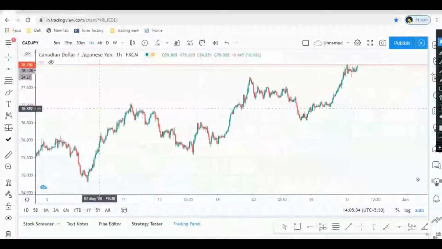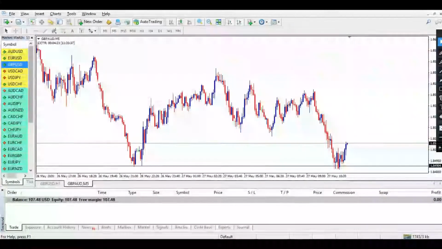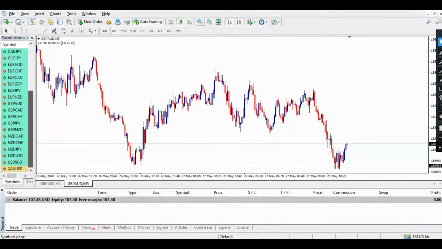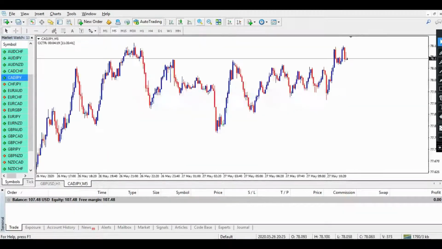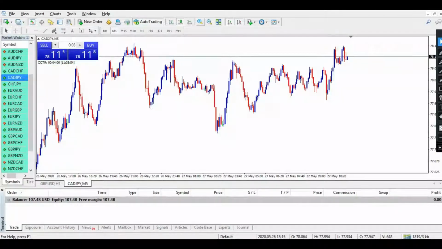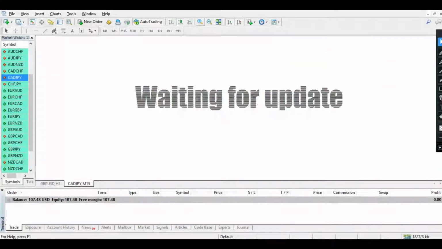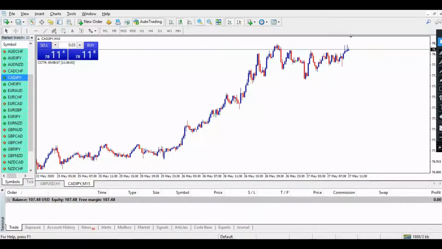I will place a CAD JPY sell order. Okay, I will place, go a little bit up. From my point of view, it is the right moment to place a sell order.